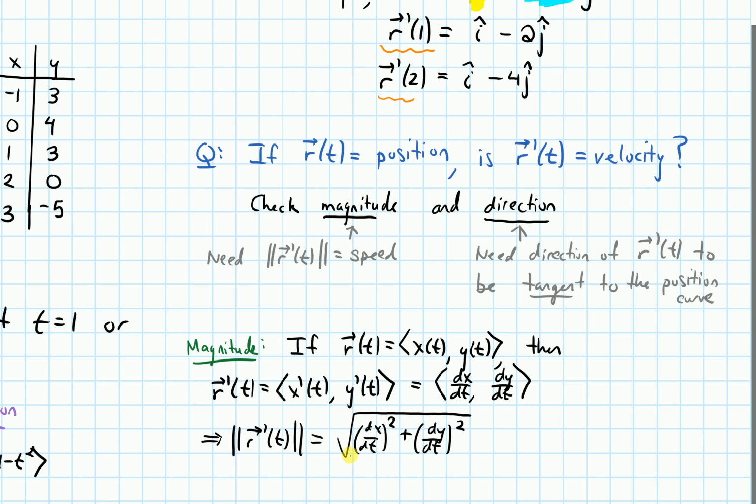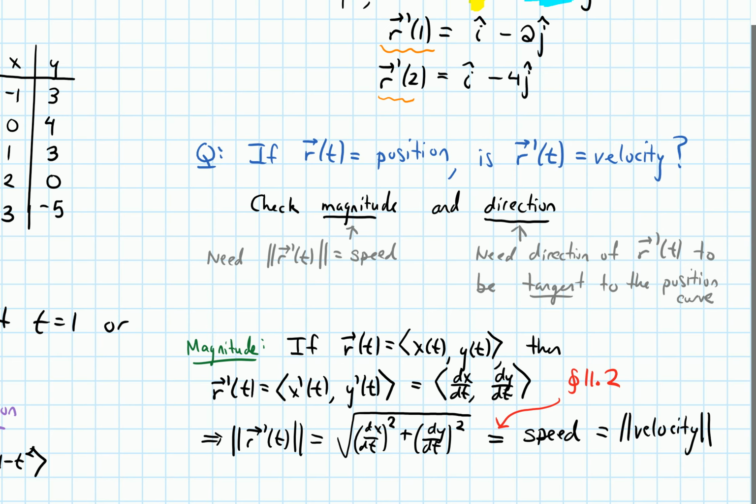And we've seen this before. We've seen the square root of dx dt squared plus dy dt squared back in section 11.2. And this term was the speed. That's what we saw in section 11.2. And the speed is the magnitude of the velocity.